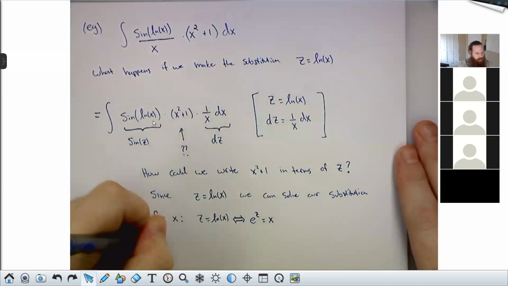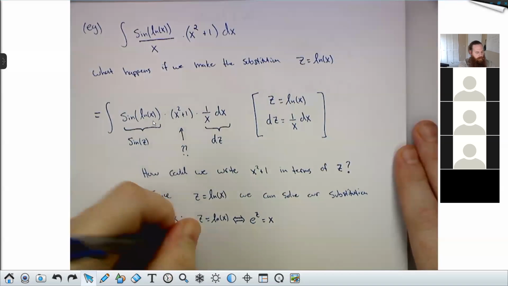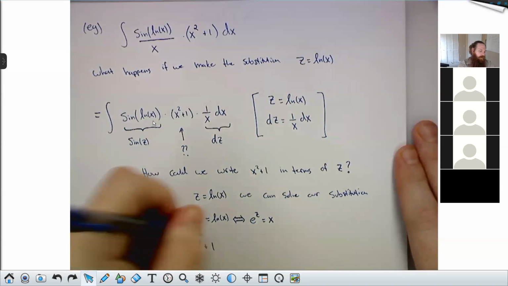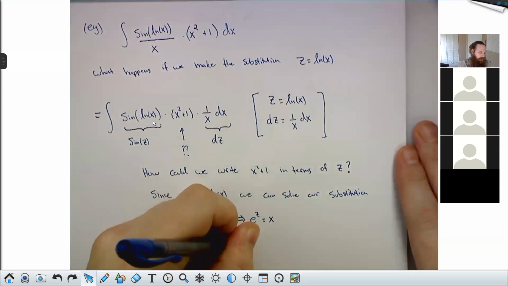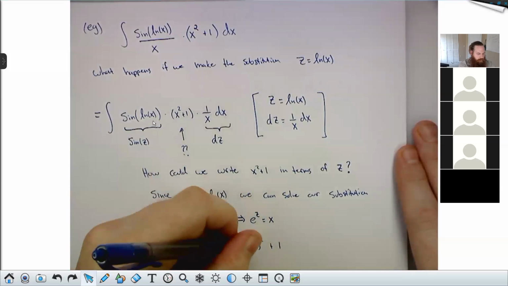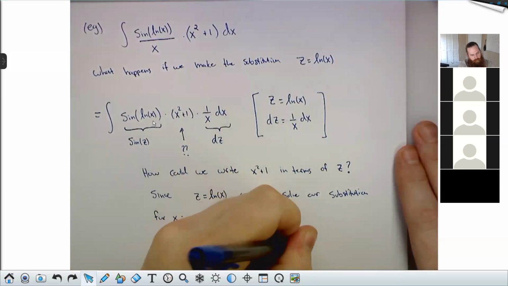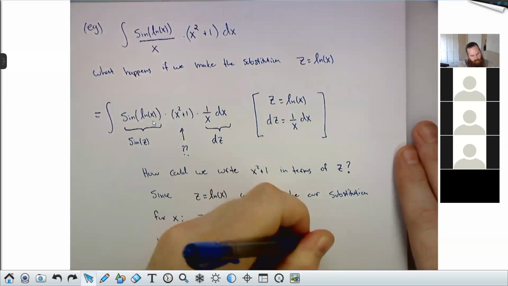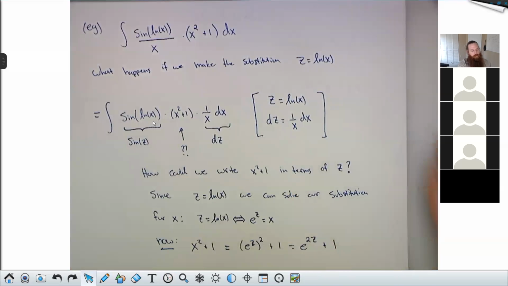Now, x squared plus 1 must be e to the z squared plus 1, which is e to the 2z plus 1.